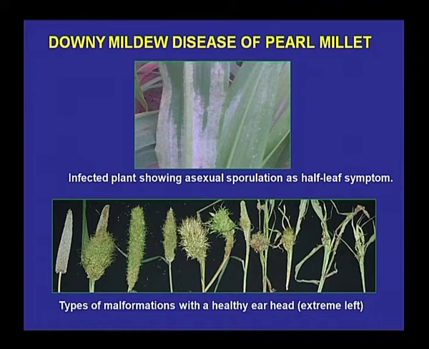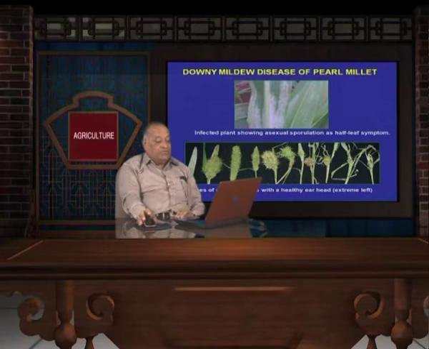This is the healthy ear head in the extreme left, and all these types of malformations we are seeing here, in which the lower half is having green ear. This is the completely malformed ear head. Then this is the tufting, branching, layering, and so many types of frenching. Different types of symptoms are seen in this picture.